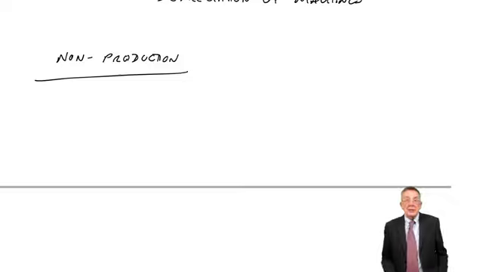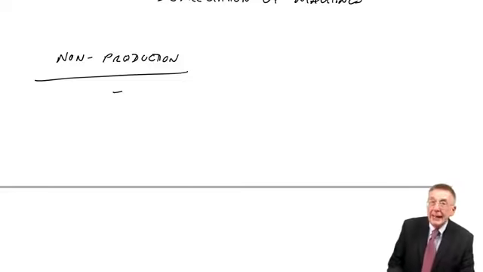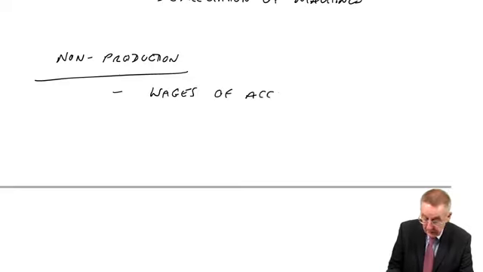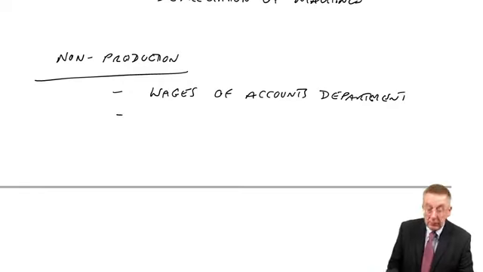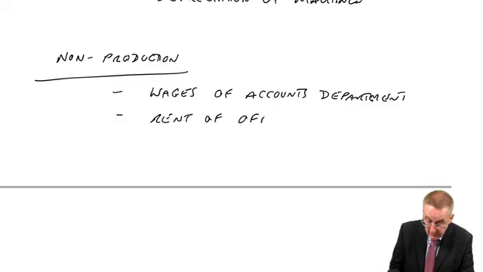We've already mentioned them: administration costs, so for instance, the wages of the accounts department, the rent of the offices, delivery to customers.